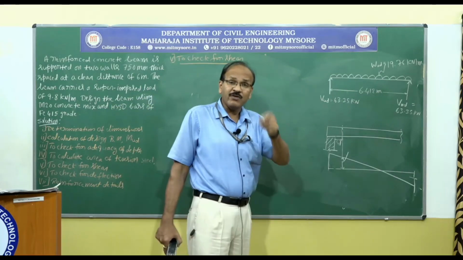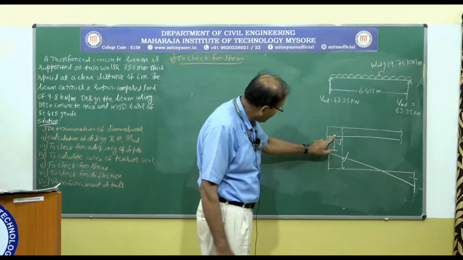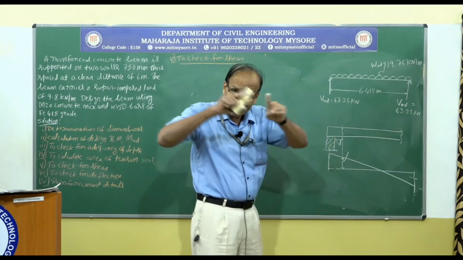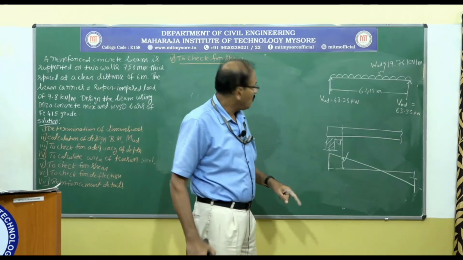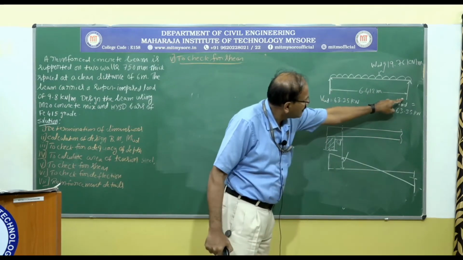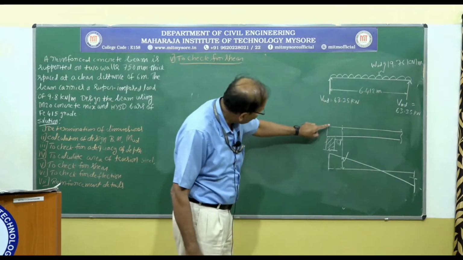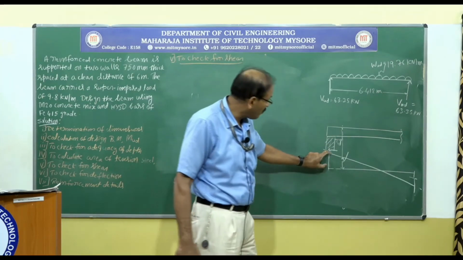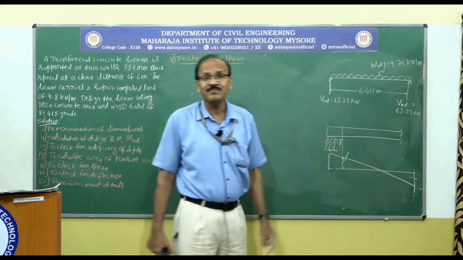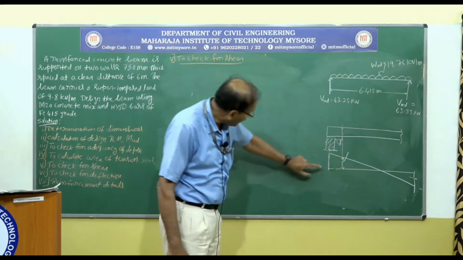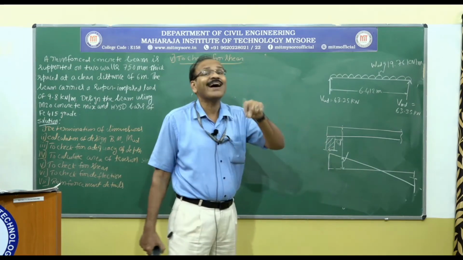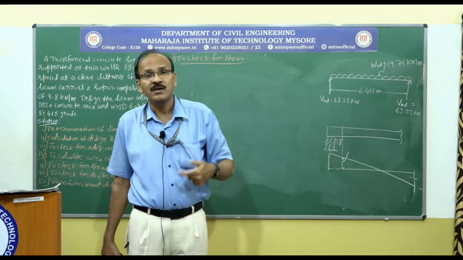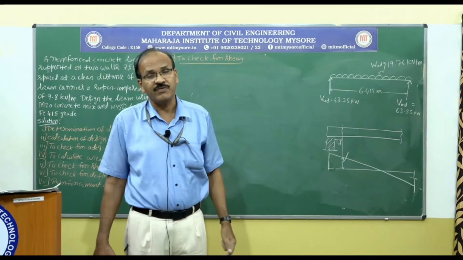Again, to further simplify, instead of taking at the face of the support, that is instead of taking the clear span, what I have done is I have taken the effective span, which comes somewhere here. Again, that shear is going to be more than the shear here and here. Because I am taking a higher value of shear, I am going to be more safe.